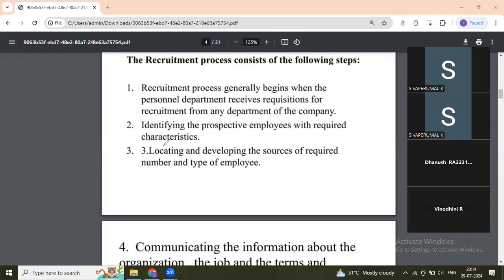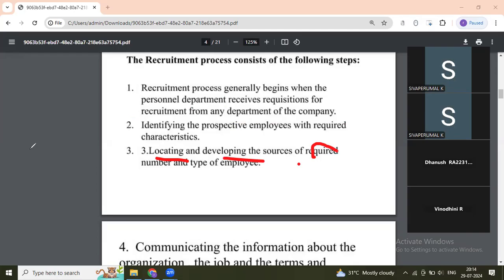And second is identifying the prospective employee with the required characteristics. This is similar to the above one. Third is locating and developing the sources of the required number and type of employees. First we have to locate and develop the sources according to the requirement.